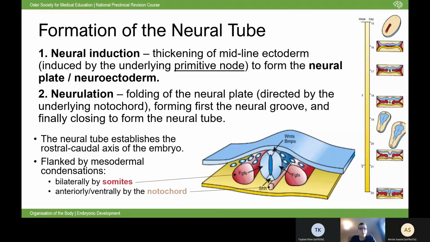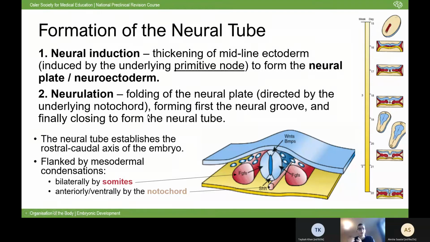This time, however, it is ectoderm cells, and we get a thickening along the midline of the ectoderm in a region that we call the neural plate. These cells proliferate, they expand, and they undergo this kind of folding to form a neural tube.